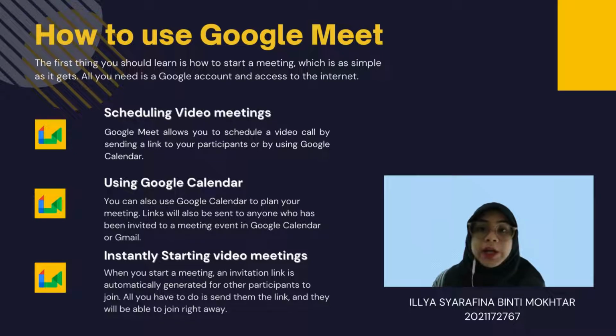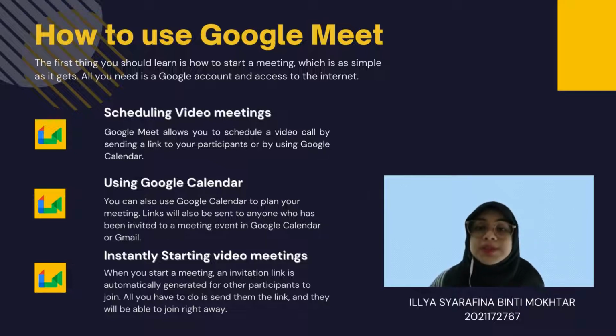First, how to schedule a video meeting. Google Meet allows you to schedule a video call by sending a link to your participants or by using Google Calendar. Second, using Google Calendar. You can also use Google Calendar to plan your meeting.